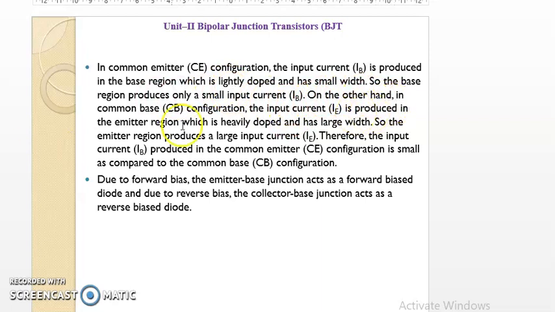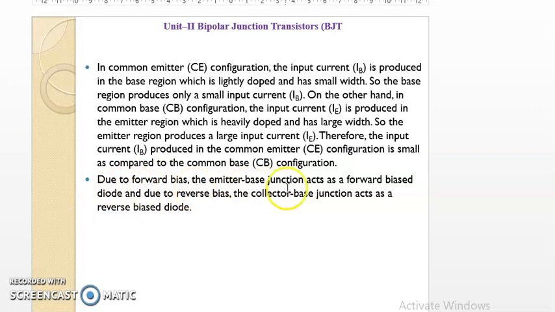On the other hand, in common base configuration, the input current IE is produced in the emitter region, which is heavily doped and has a large width, so the emitter region produces a large input current IE. Therefore, the input current IB in the common emitter configuration is very small compared to the common base configuration.